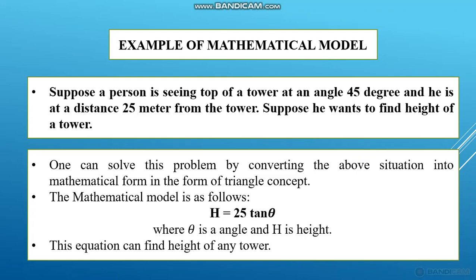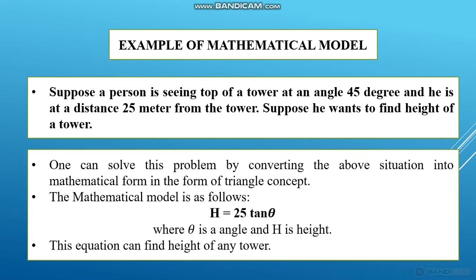The opposite side is the height of the tower, and the adjacent side is the distance from the tower to the person, that is 25 meters. So using the formula tan theta, we get h by 25, so the height becomes 25 tan theta.